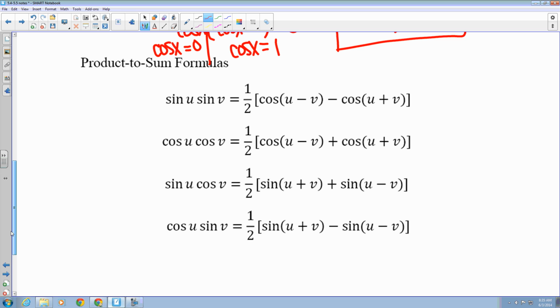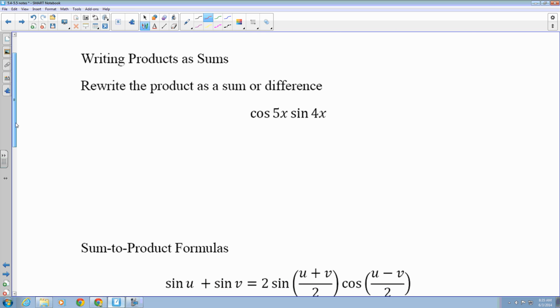The next set is called product to sum. So if I have a product and it says to go to a sum, these are going to be really straightforward. It's going to say rewrite the product as a sum or difference. So you're going to know to use product to sum formulas. Like this, rewrite the product as a sum or difference. So we have a product, cosine of 5x times sine of 4x, and we're going to just follow the specific pattern. So cosine, sine.